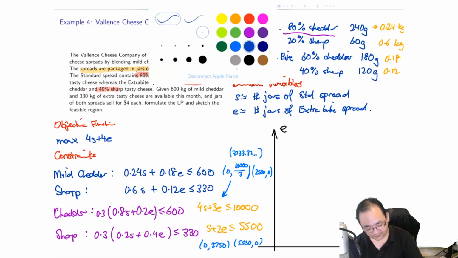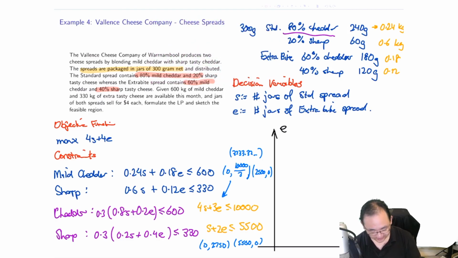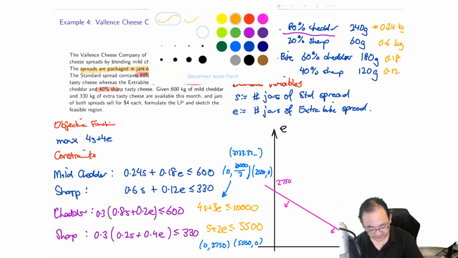Alright, so much to do. 5,500 is around here, and then there's 2,750, roughly around something like that. And that's s plus 2e is less than or equal to 5,500. So put the arrows, and then let's pick a different color.